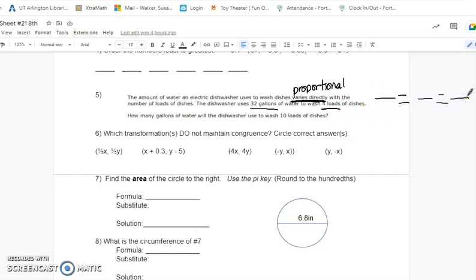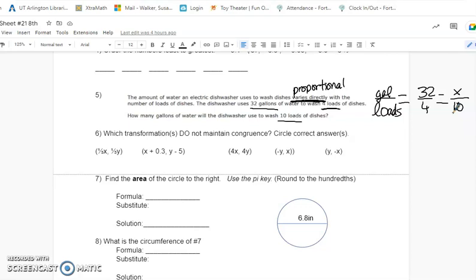That's how my brain would think about it. I know the dishwasher uses 32 gallons of water to wash 4 loads. Then I don't know the gallons for 10 loads. So I want you to cross multiply that, or if you're thinking about it differently, that's absolutely okay.